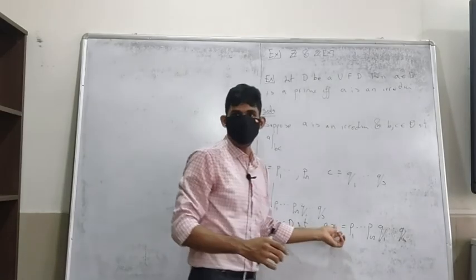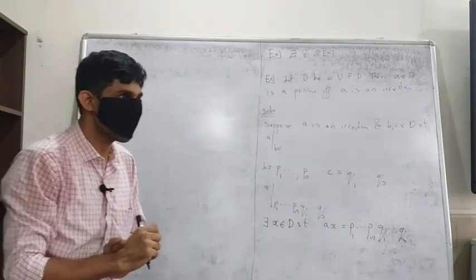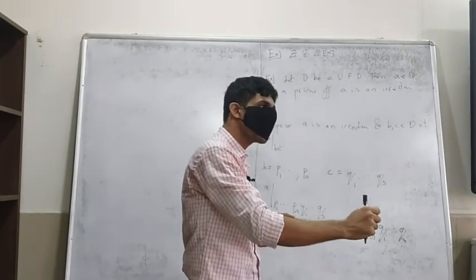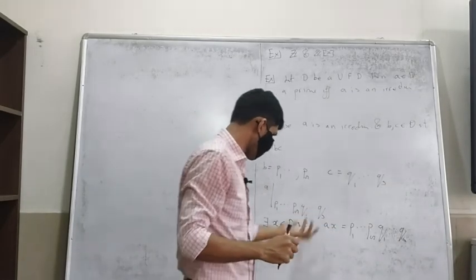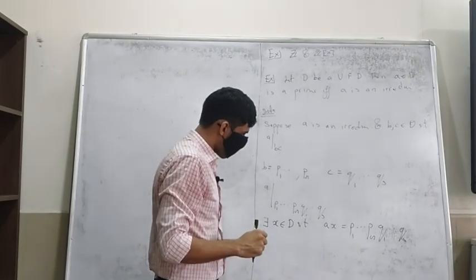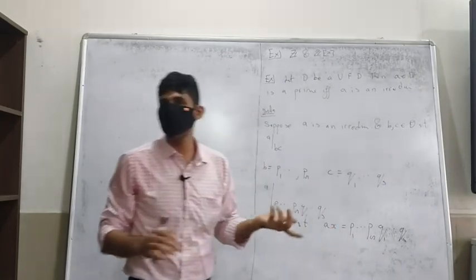If X is not a unit, you can break X into a product of irreducibles, say V1, V2 up to Vt.